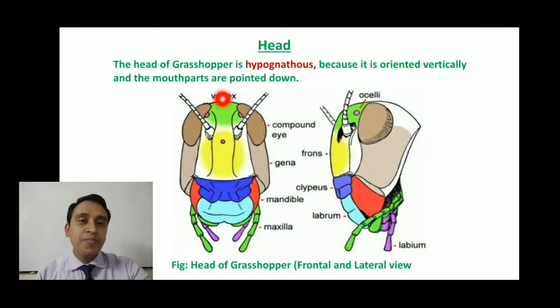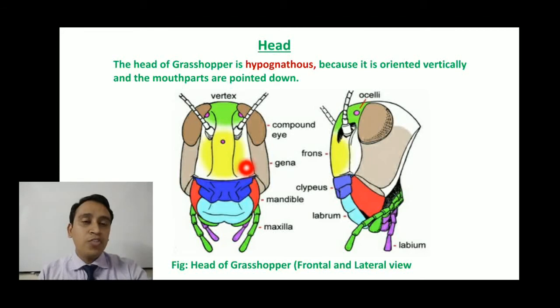You can see here some parts of the head capsule. The dorsal triangular shape is called vertex, and the lateral part is called gena, and the frontal part of the head capsule is called frons, and the rectangular shaped part located just below the frons is called clypeus.